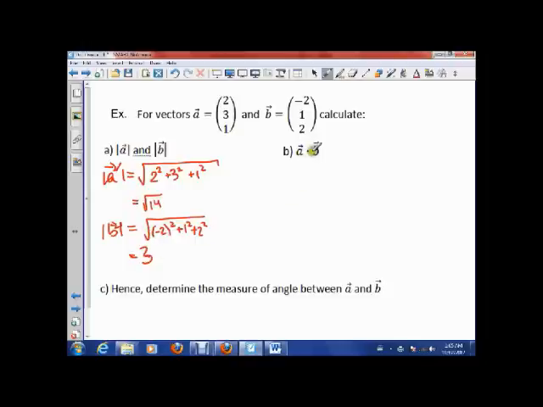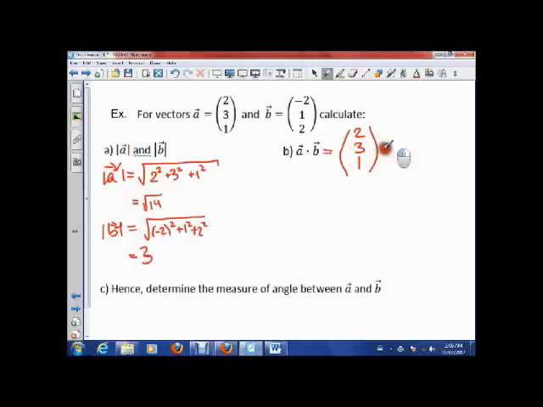Now it asks me to find A dot B. Remember what we said. If we know the magnitudes and the angle, we can use magnitude A, magnitude B cos theta. If we don't, then we have to just multiply out the x's and the y's and the z's. I don't know theta, so I have to use this formula.